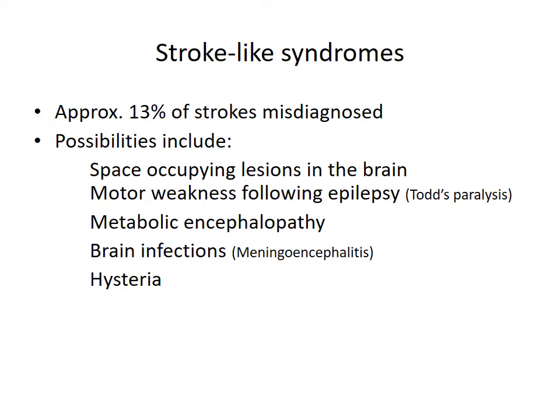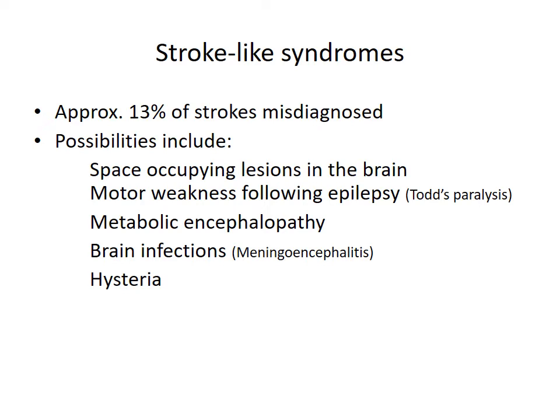Sometimes other things can mimic stroke, and we need to be mindful of this. Because not every time you have weakness on one side of the body that is due to stroke. You must think about mass lesions in the brain. You must think of epilepsy. You must think of metabolic disorders in the body. You must think of infections of the brain that can also cause this kind of problem.